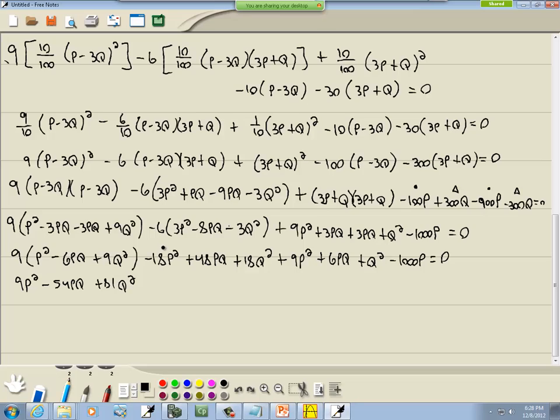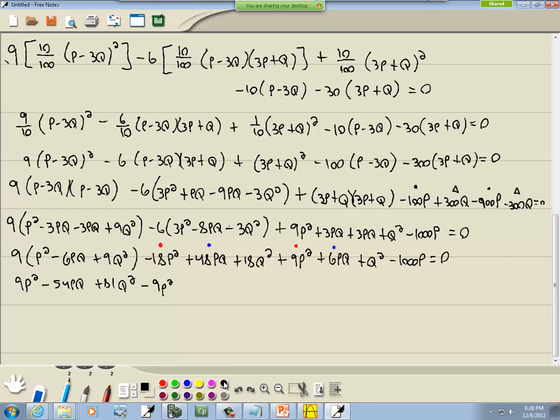Now, here we have a mess. Negative 18p squared and 9p squared gives us negative 9p squared. Here we have 48pq and 6pq.